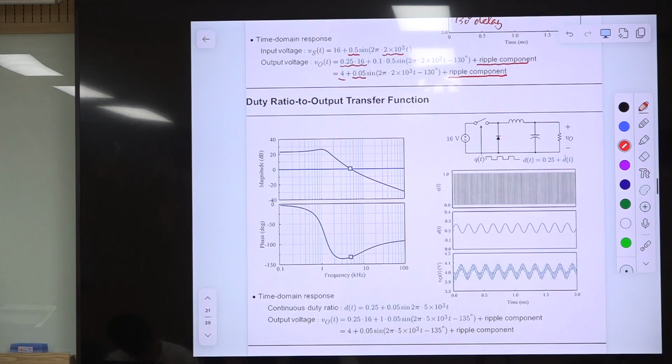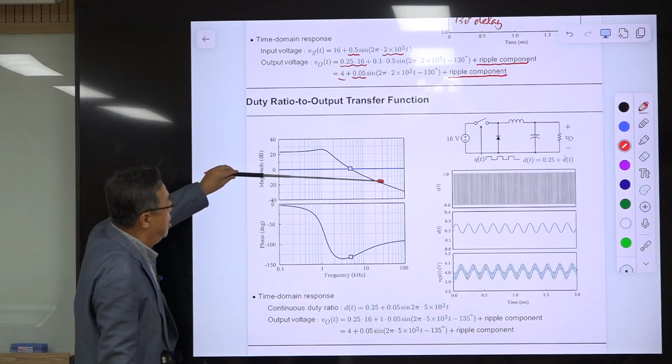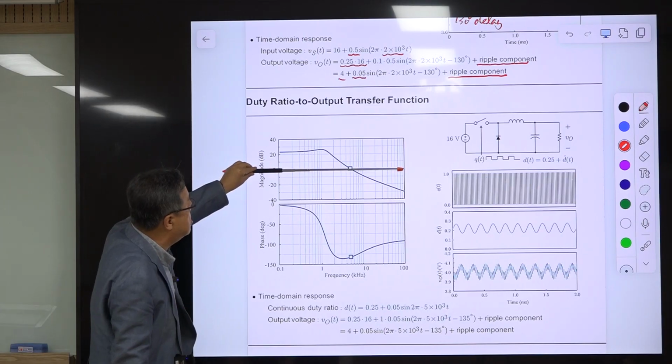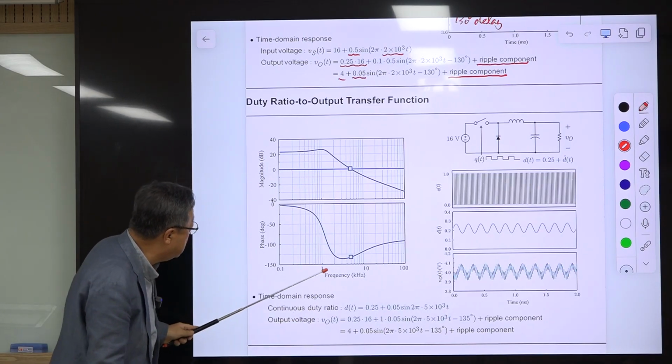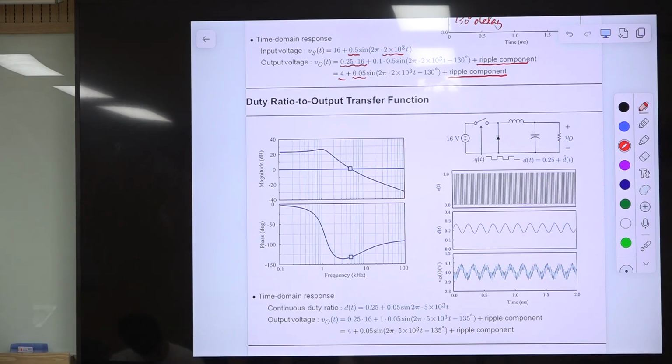Another one, very similar. Okay, this is the duty ratio to output transfer function. So I'm interested in this frequency, which is 1, 2, 3, 4, 5 kHz. Then this is the 0 dB line. So the gain is just unity.